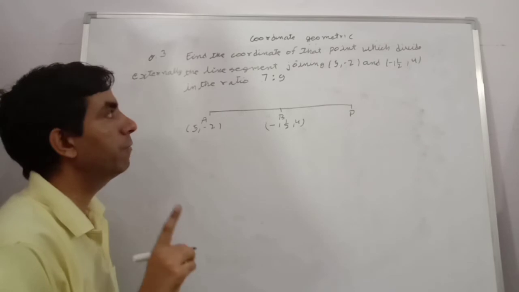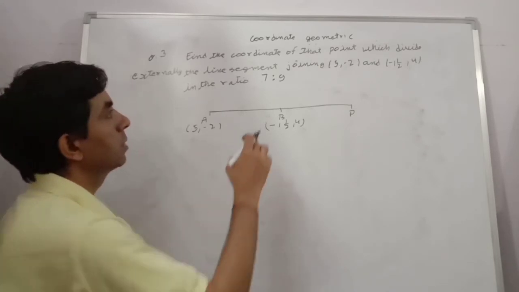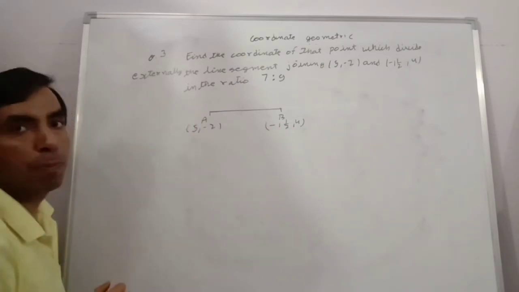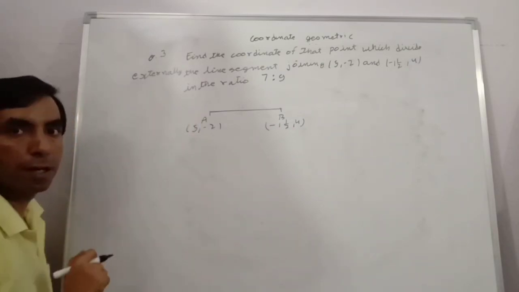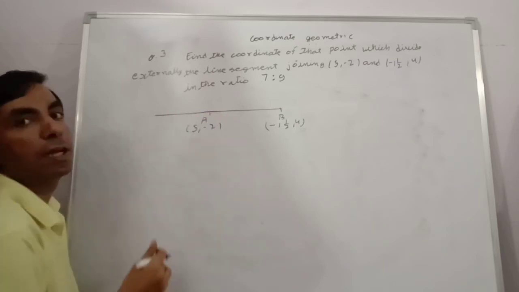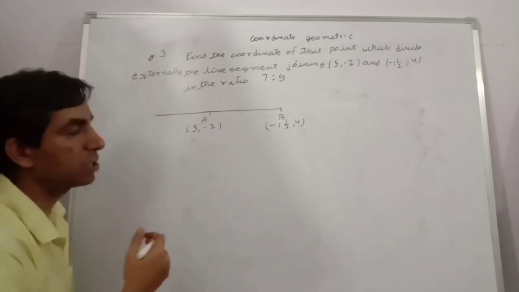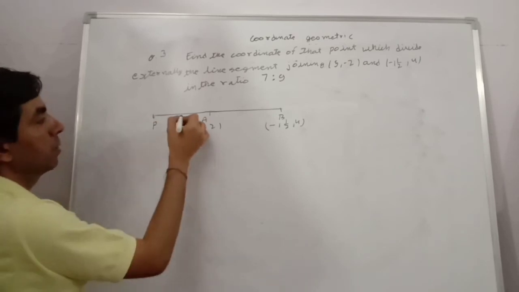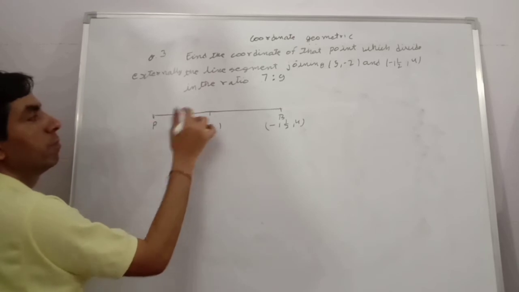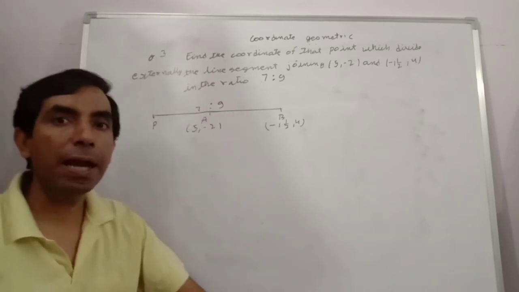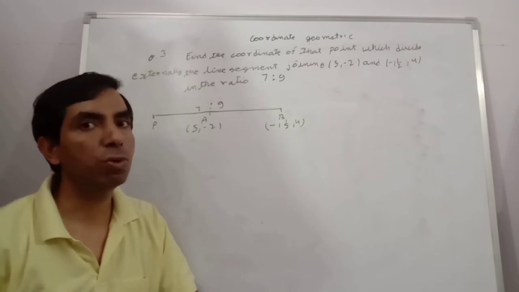Always remember that if it divides in 7:9, the first ratio number is small, so it divides externally on the A side, the first point side. So PA and PB ratio is 7:9.